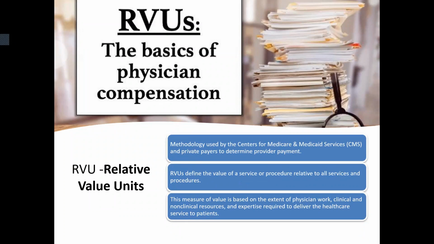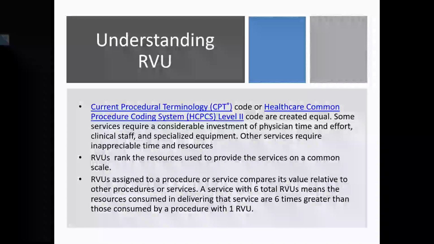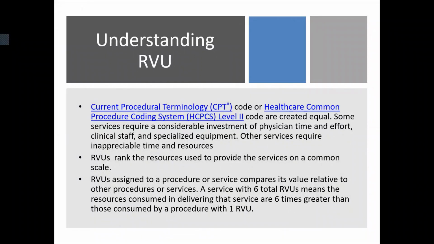In terms of relative value units, most medical students don't have a great understanding of what an RVU is. And that's how the Medicare and Medicaid services reimburses hospitals and medical practices for their services. And it's basically a value system. And there's also a capture for CPT or procedural codes.